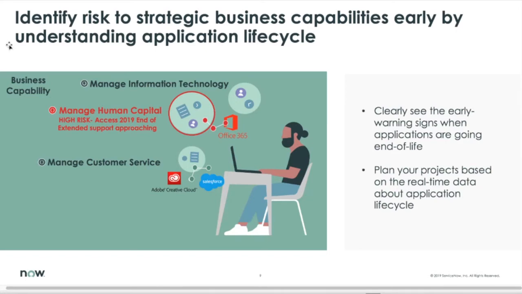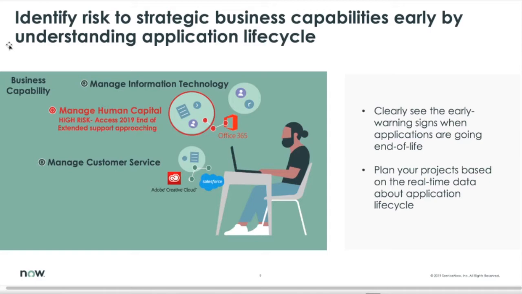Next here, and this is key for enterprise architects. It's key for those that are looking at strategically, do we have any redundant applications supporting multiple capabilities? And so what you can do here, you can start assessing your different capabilities, both from a people, process, technology perspective. Start understanding where you have high risk areas.